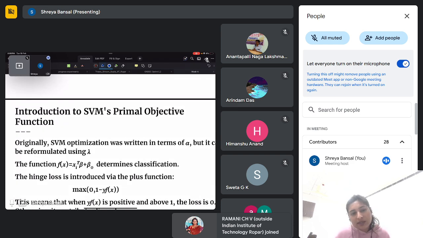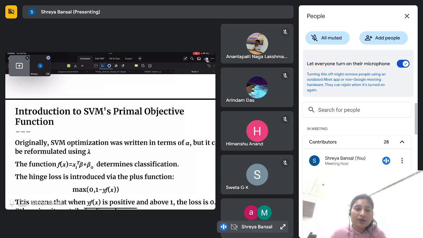Hinge loss is very much similar. When you have defined the optimization function, you have defined that this value is always positive, it should not be negative. So you are making an assumption that its value should not be negative, it should be a positive value.